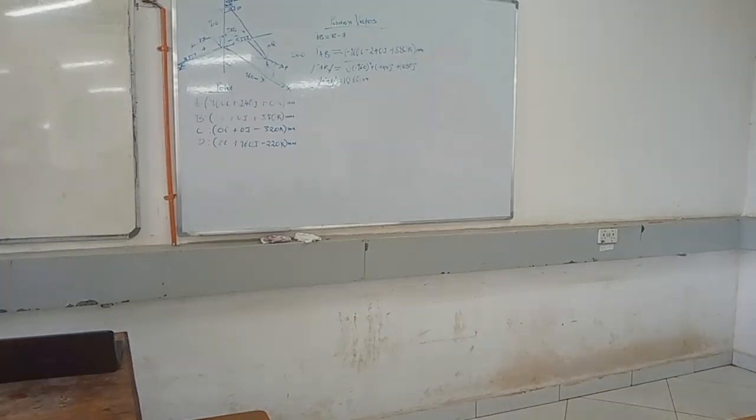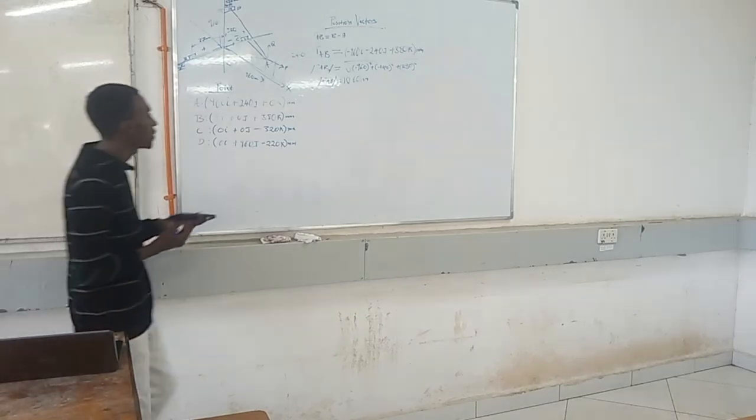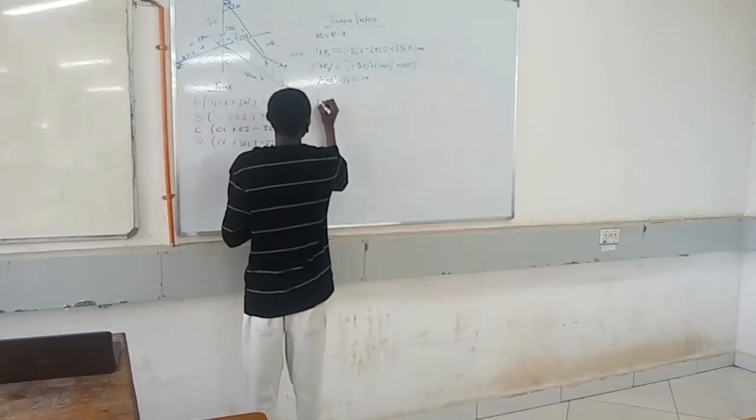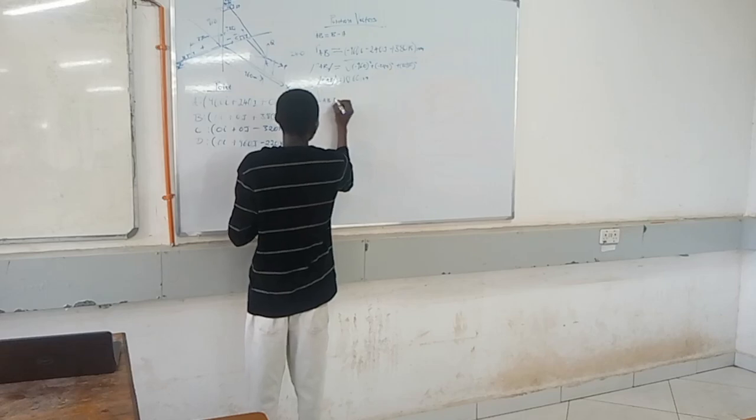Apart from finding the magnitude, we're also going to find the unit vector of AB. How do we find the unit vector of AB?